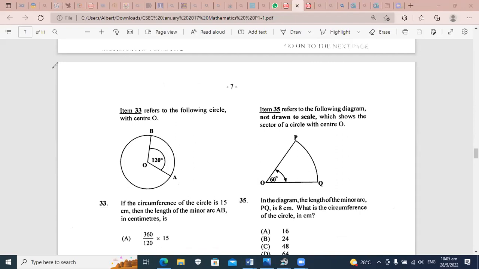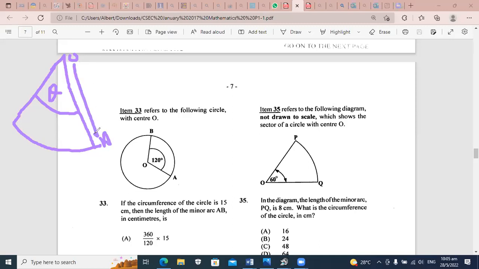Basically, a slice of pizza is called a sector, all right? And that angle there is called theta. And this length here would have been the radius. Would you agree? Because it's part of a circle. So that's the radius.